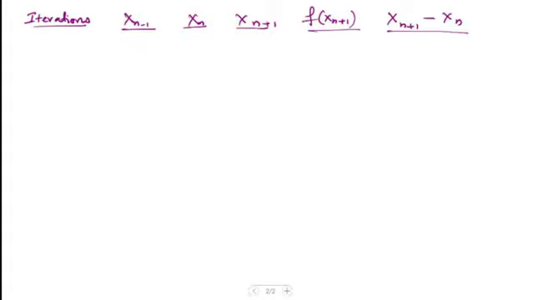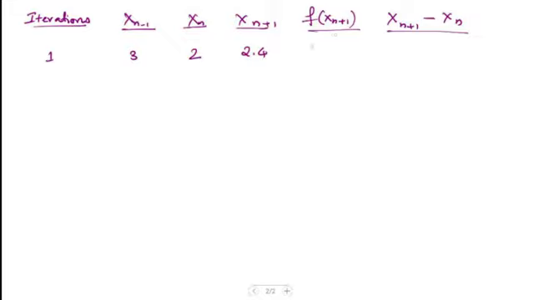So iteration 1, xn minus 1 is our x0, whose value was 3 from the question, then x1 is 2, and we just found x2, which is 2.4.